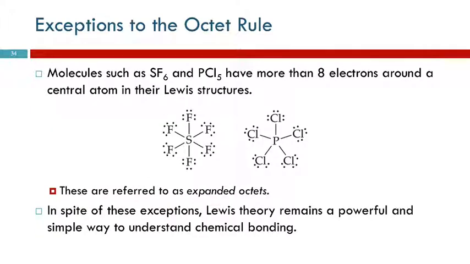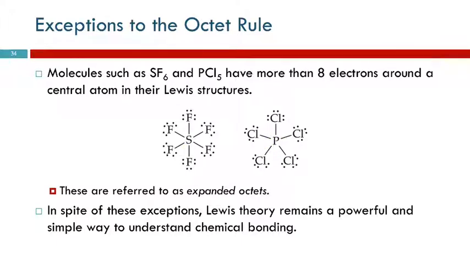Another exception is when you have more than 8 electrons around an atom. Some of the larger elements can do this. Sulfur and phosphorus can both violate the octet rule. These are called expanded octets because it's bigger than 8. We can see that here in this compound, sulfur has 12 electrons instead of 8, and here phosphorus has 10 instead of 8.